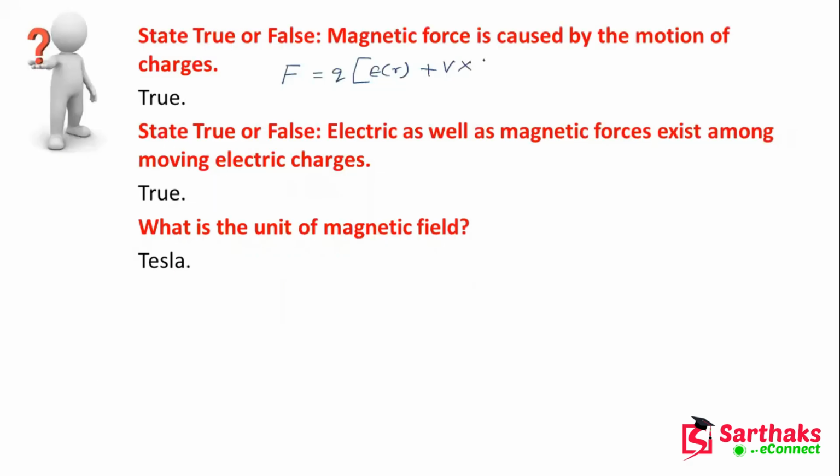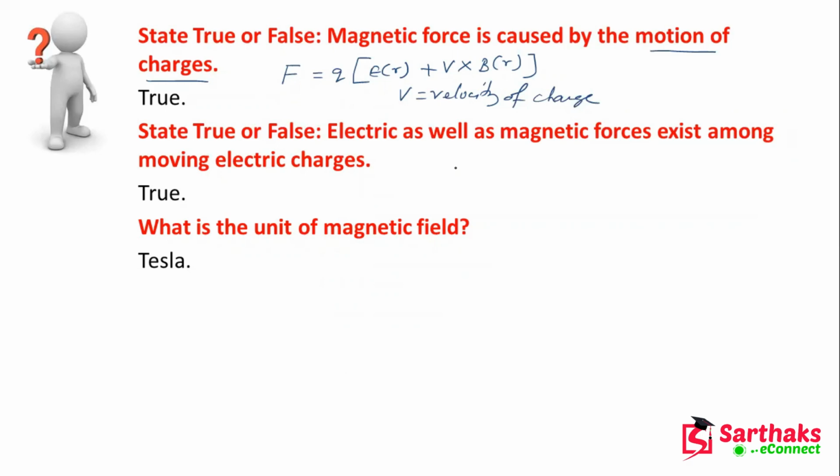And this velocity means the motion of the charge. So yes, it is true. Now, electric as well as magnetic force exists among moving electric charges. Yes, obviously, it will be there.